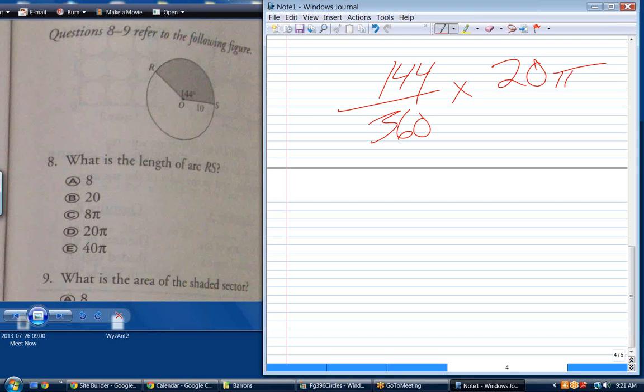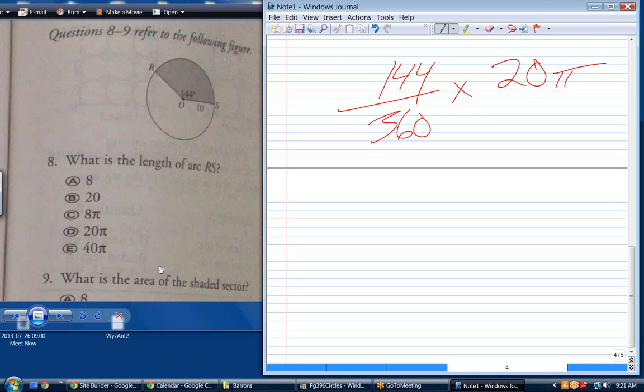What is that? I guess you can plug that into a calculator. It looks like about 8 pi. We have 0.4 times 20, so 8 pi.